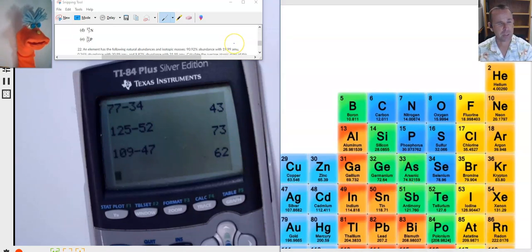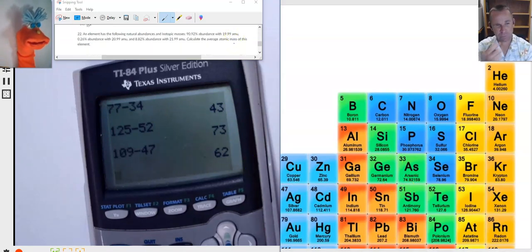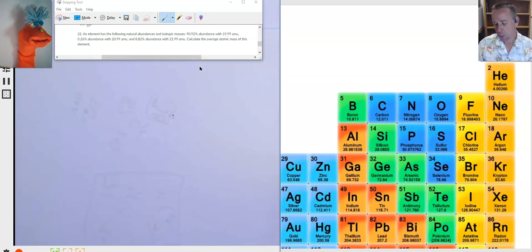Good. Okay. An element has the following natural abundance: 90.92% abundance of that, 0.26% abundance of that mass, and 8.82% abundance of that mass. And we want to calculate the average atomic mass. Okay? Well, some people would say, just add them all up and divide by 3 because there are 3 different masses.